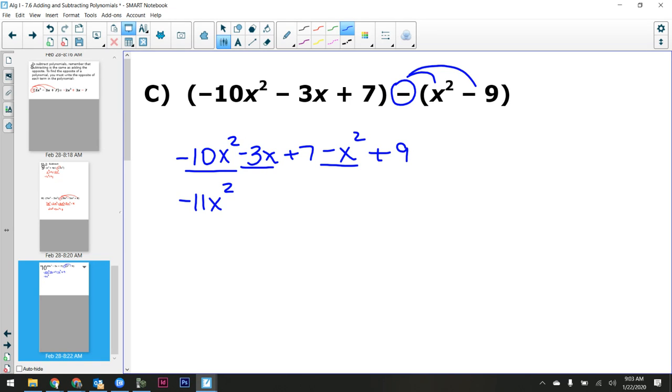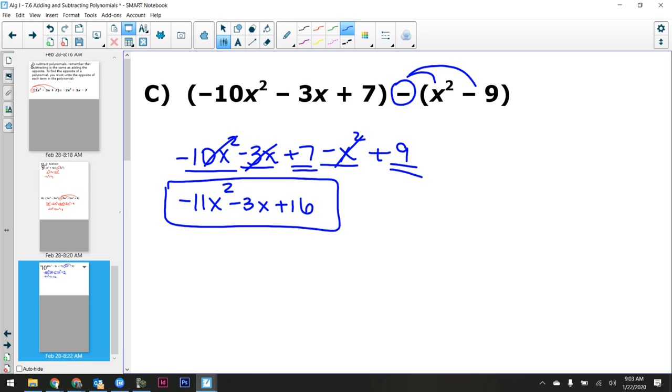Oh, nothing to combine with them, minus 3x. I should be crossing out as I go. 7 and 9 make 16. So subtraction's not that bad either, right? Addition and subtraction should just be combining like terms. That's really all it should be. It's nothing more than that.